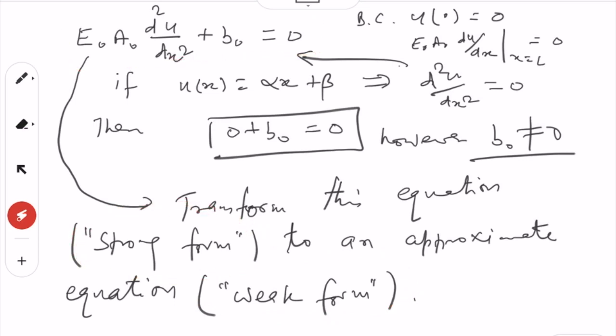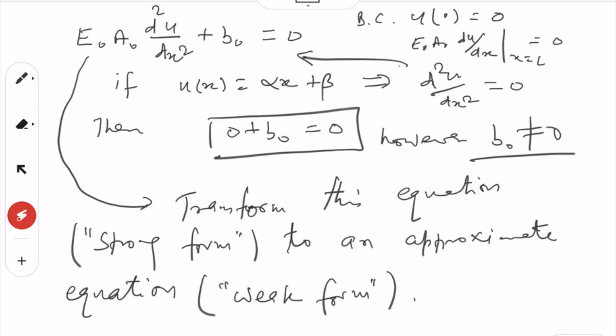So we have to transform the original strong form to a weak form, so that this can take a linear solution as well. That means we want to transform from double derivative to single derivative. Okay, that's the thing.